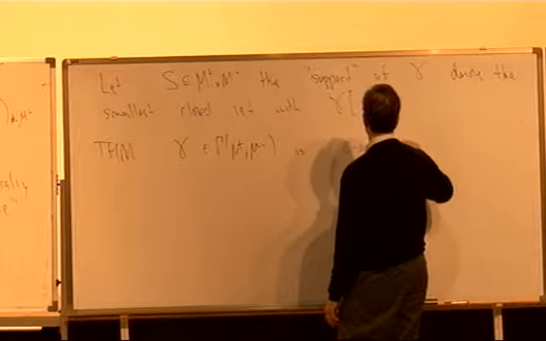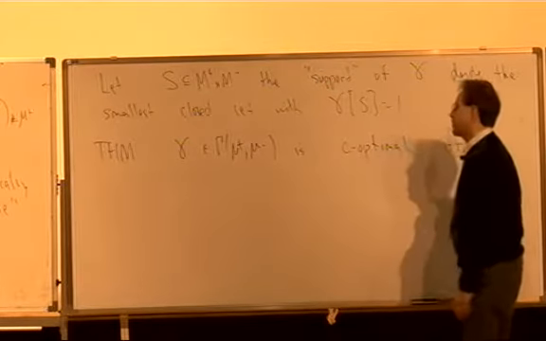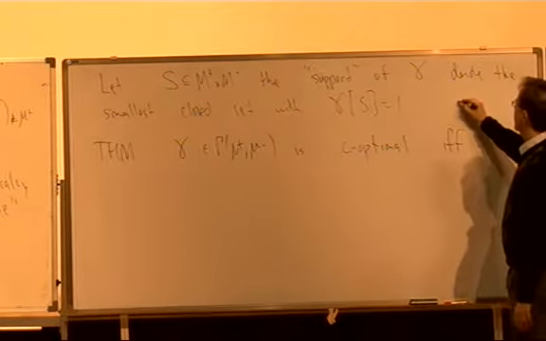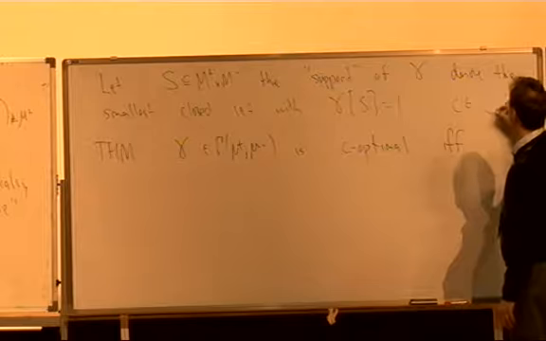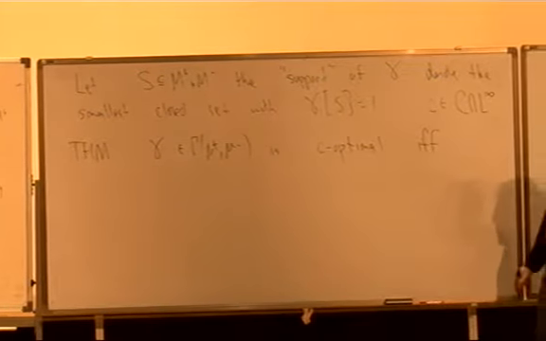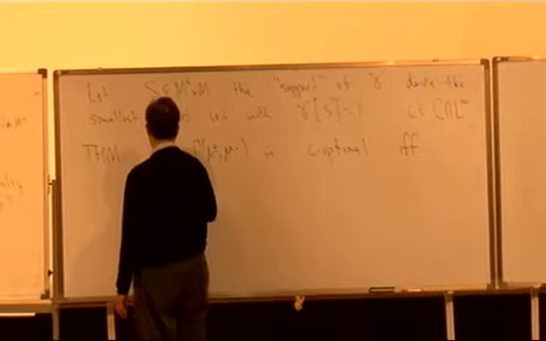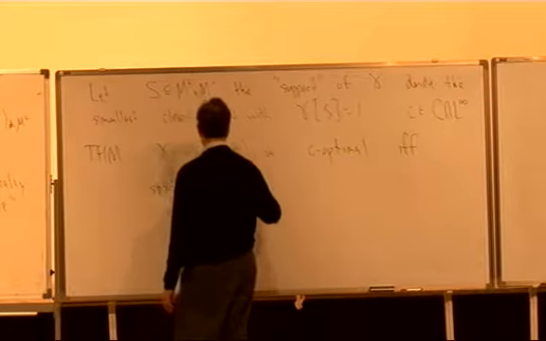In other words, it's optimal for the cost c, if and only if the support of gamma is c-cyclically monotone. And let's say for this theorem, I'm assuming that the cost function is continuous and bounded.